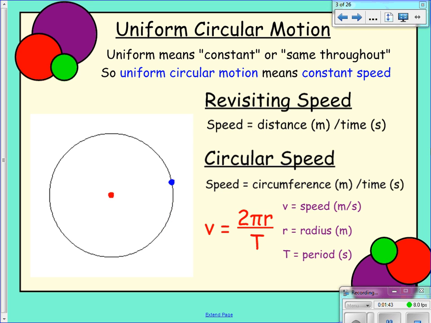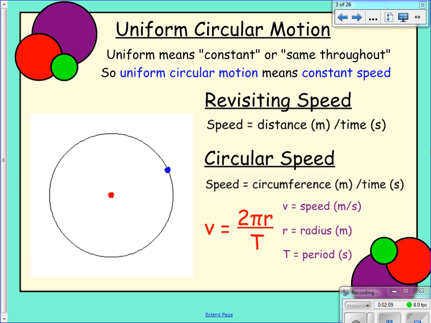However, our distance needs to be a little bit more specific. When we talk about what distance an object is going in terms of circular motion, we're talking about its circumference. And so we're going to calculate circular speed by taking the circumference the object moves divided by time. Now notice circumference, just like distance, is measured in meters, and so your units for speed will still be meters per second.